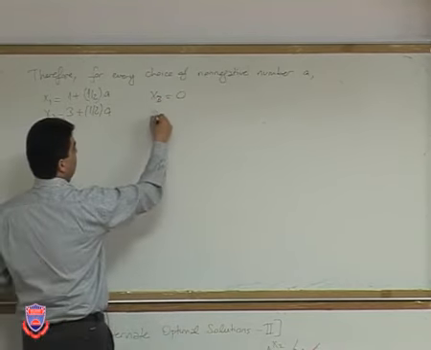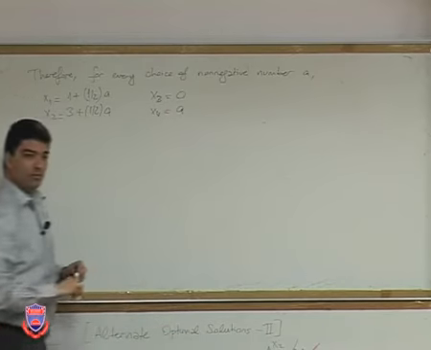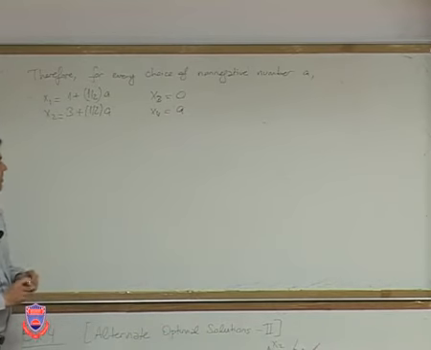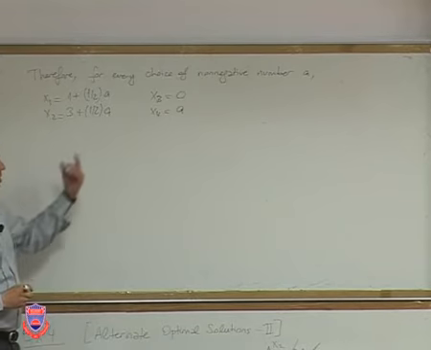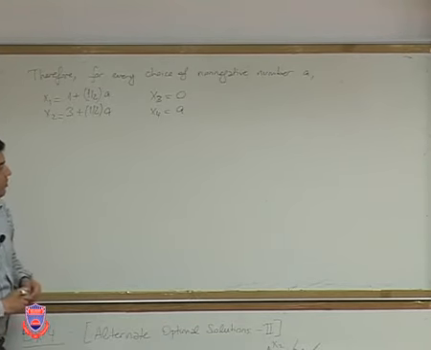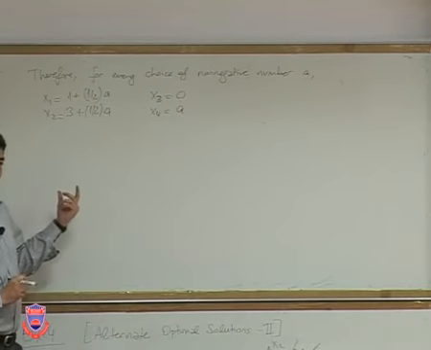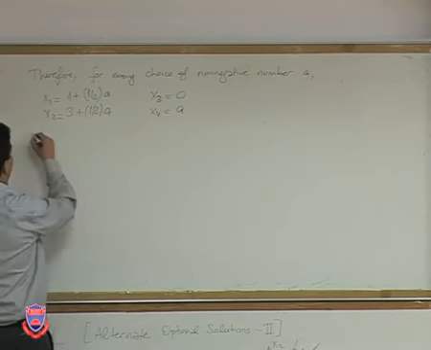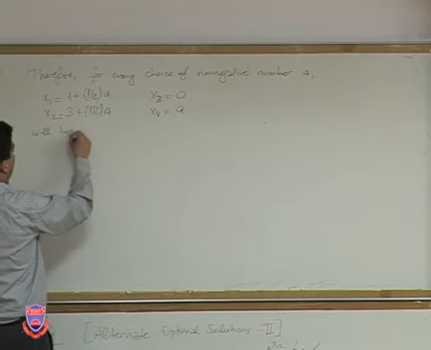And I can set x4 to a. So I have a set of solutions parameterized by the value a. For every different choice of a, I get a different solution. So this will be an optimal solution.